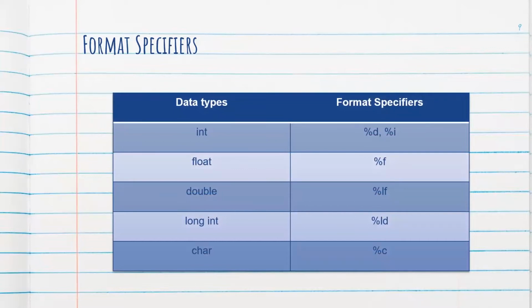Every data type has a different format specifier, and we are going to discuss each one here. For the integer data type, the format specifier is %d or %i. For float, it is %f. For double, it is %lf. For long integer, it is %ld, and for character, it is %c.